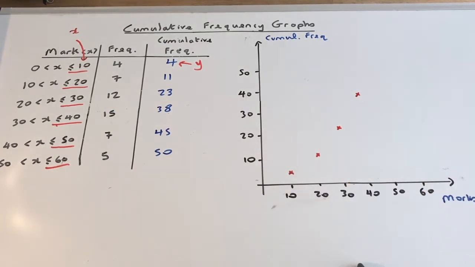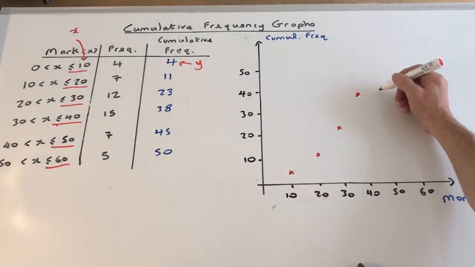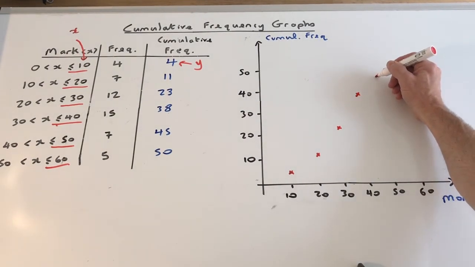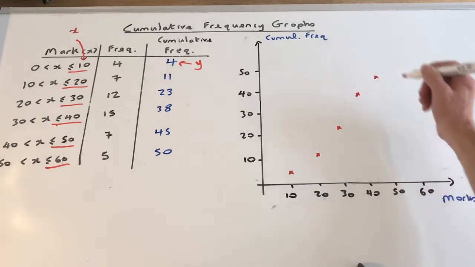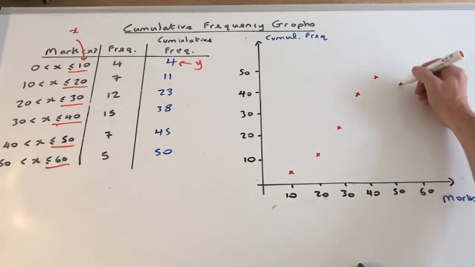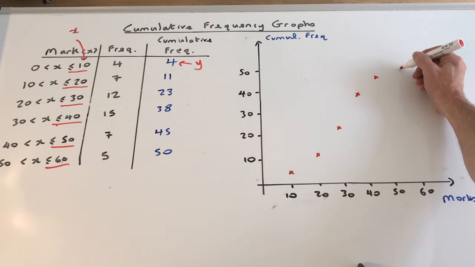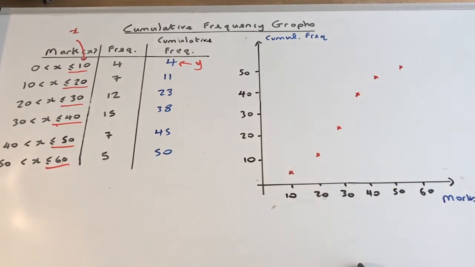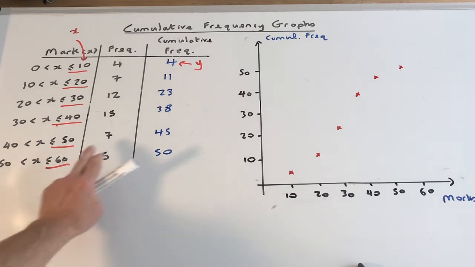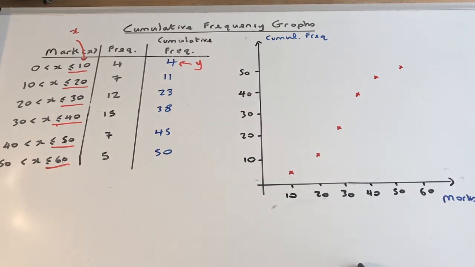So again, just small, neat crosses. 50, 45. Maybe about here, perhaps. And 60, 50. So about there. Okay, so I plotted my points. X coordinates at the end of this category. Y coordinates are the running totals, the cumulative frequencies.